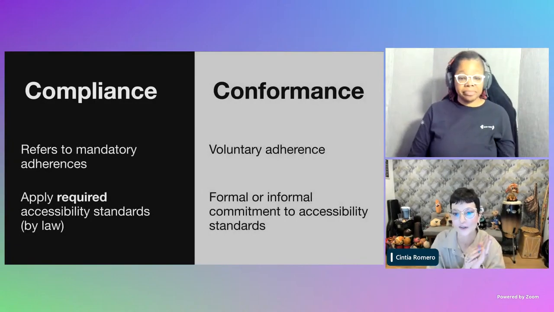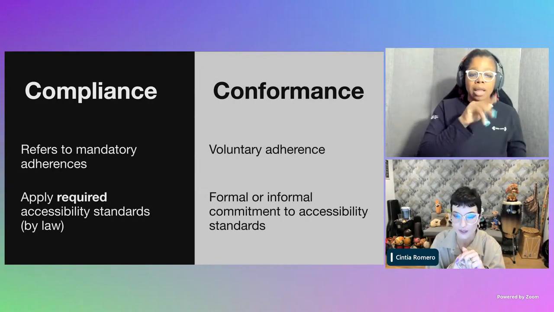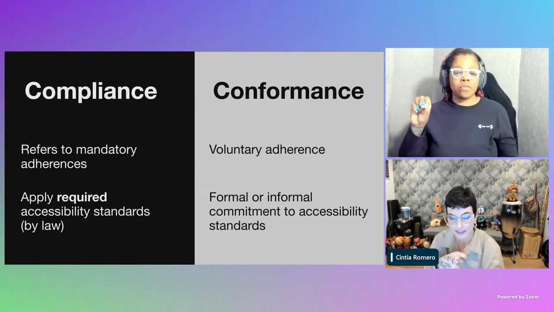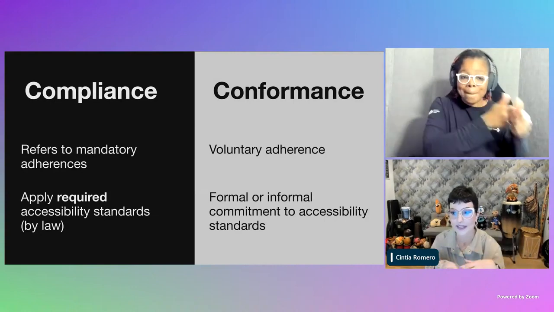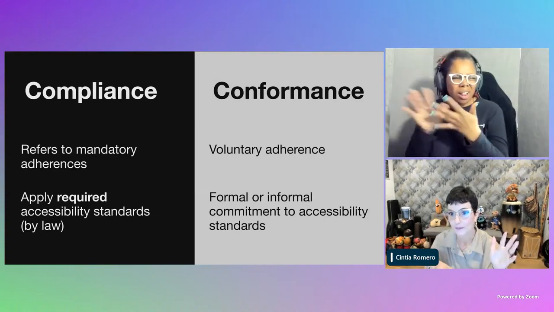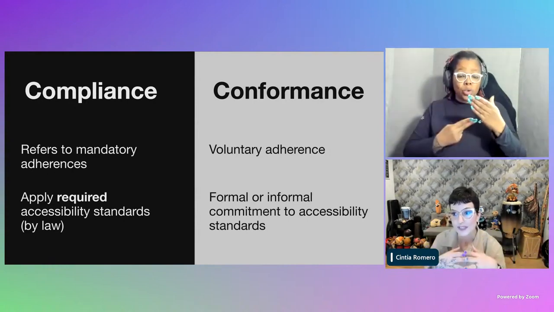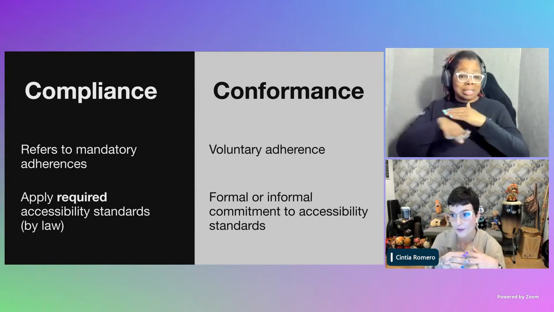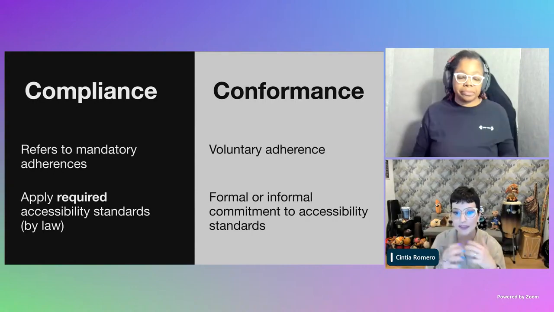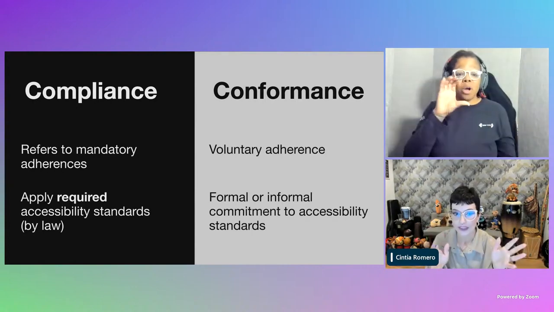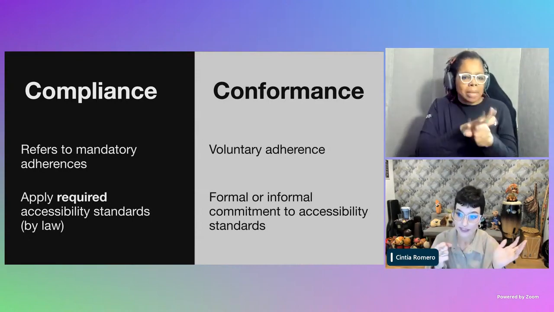So let's chat a little bit about compliance and conformance. When we chat about accessibility and we use the words compliance and conformance, there is a blurred line between them because they both aim to make experiences accessible for all. However, they have some differences. When I think about compliance, I think it is a strict commitment to accessibility standards.